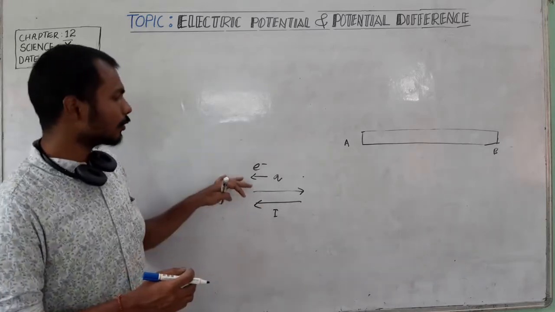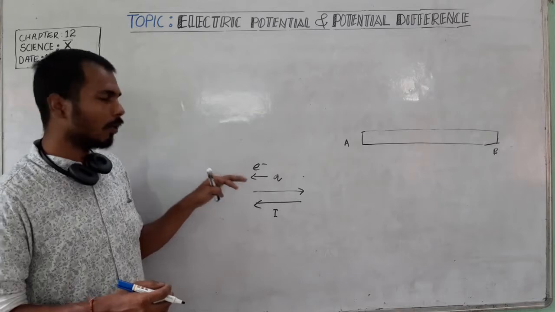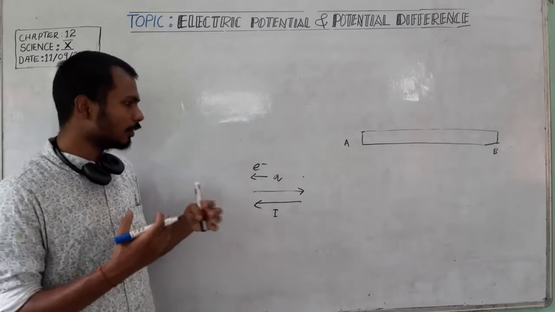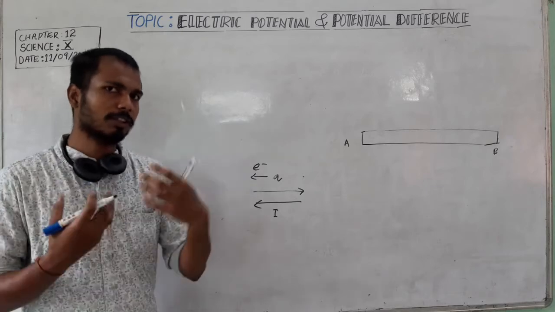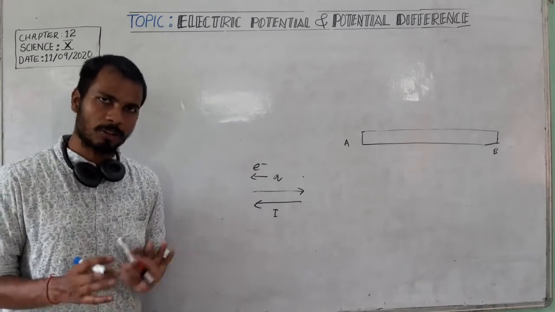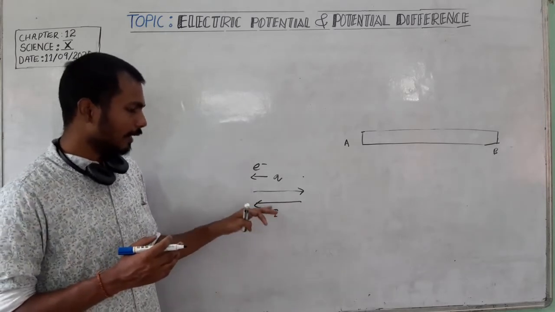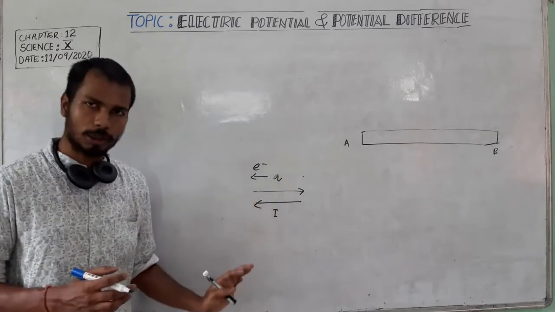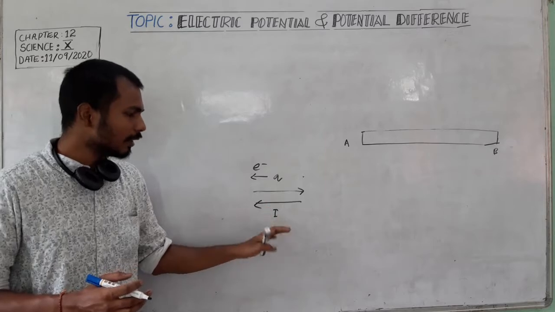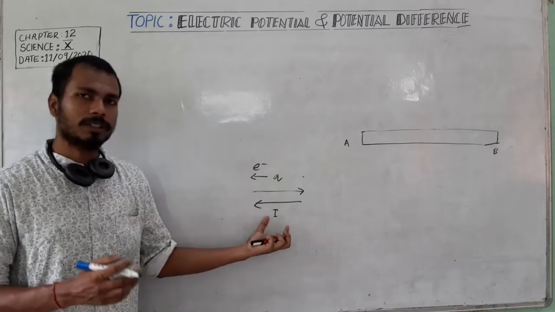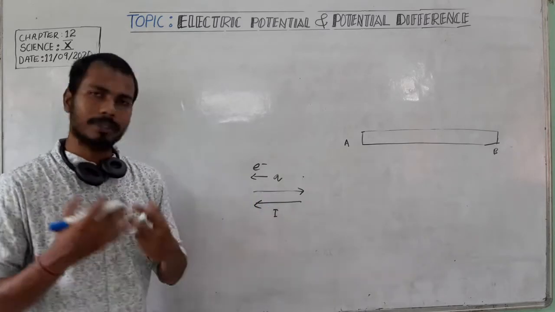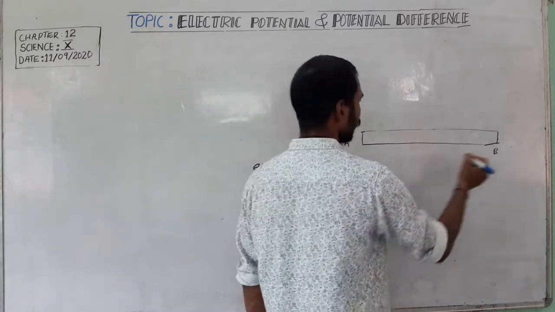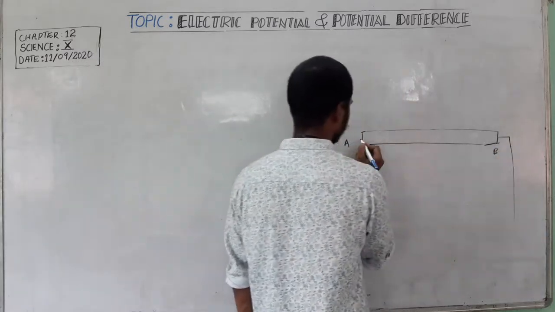So when we say charge is moving, just remember electrons are moving. Current is due to the movement of electrons, and this current is always in the direction opposite to the movement of electrons. Got it? Now connect this to a battery.